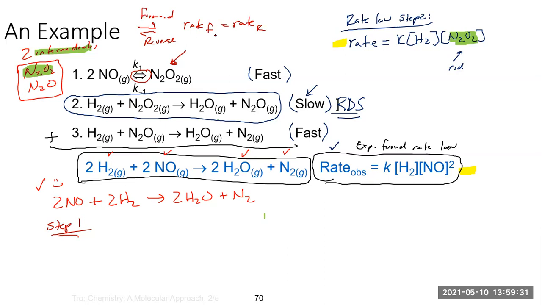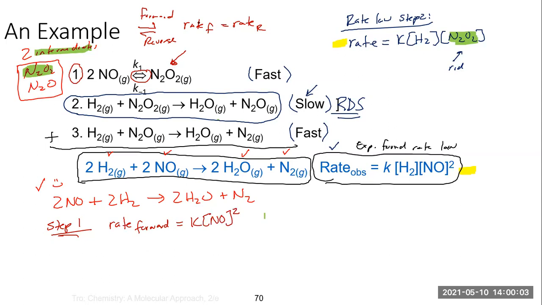So how can we use this to our advantage? Well, for step number 1, because there is a reversible reaction here, we could write two rate laws. We could write a rate law for the forward step, meaning it going from reactants to products, and that would equal K times NO squared.